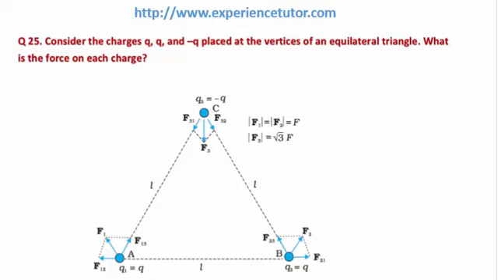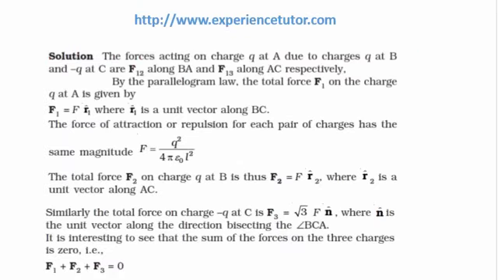The forces acting on the charge q at A due to the charges q at B and minus q at C are F12 along BA and F13 along AC respectively. By the parallelogram law, the total force F1 on charge q at A is given by F1 is equal to F unit vector r1, where r1 is the unit vector along BC.